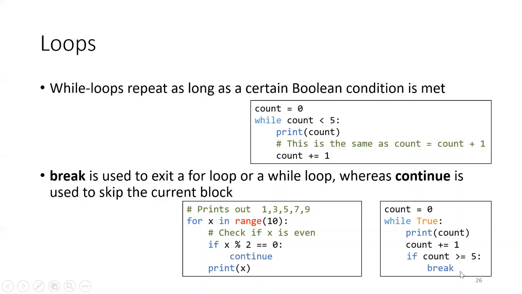This is just to give you the idea of how break works. So when the counter becomes equal to or greater than 5, we will break, which means that we will not execute this while loop anymore. We will simply jump out of it. Let's try it.